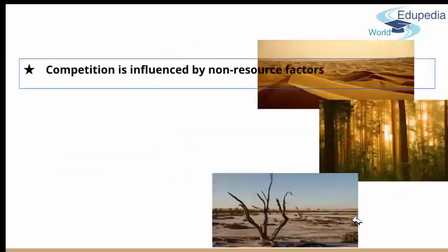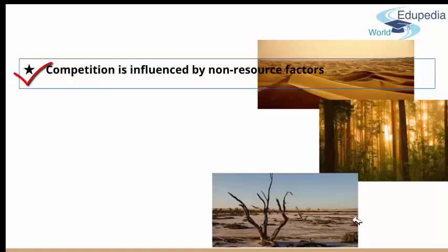The performance and competitive ability of species can be influenced by an array of environmental factors that directly influence physiological performance, yet are not consumable resources over which individuals compete. So it doesn't have to be food, basically.